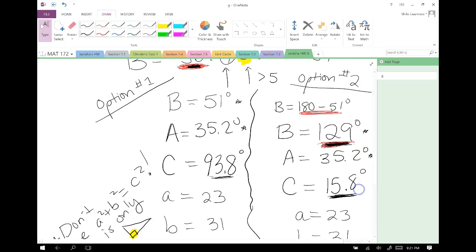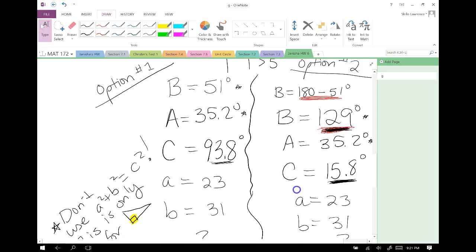Now, it's possible that when you subtract the angle from 180, there's nothing left for C. If that's the case, then you can forget about option number 2. But in our case, there was some left for C, so we do have an option number 2. So we do have to go through the whole thing, and this one has two options.